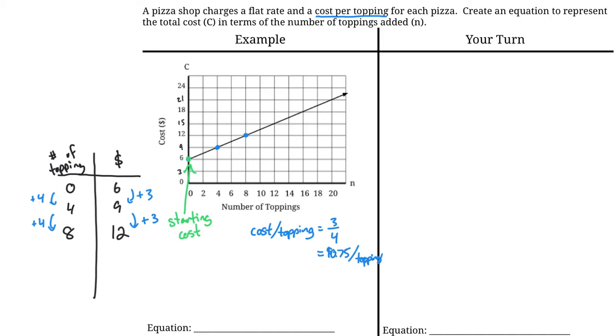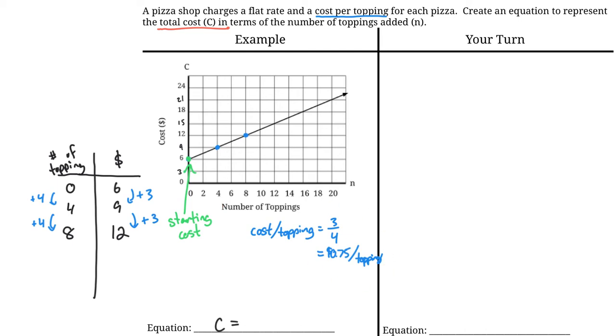But we're not done yet because we need to create our equation. So we're creating an equation that represents the total cost. So our equation is going to start off with C equals. So the cost of this pizza is going to be equal to a flat rate and a cost per topping. And that's just our starting cost on our graph and our rate of change.